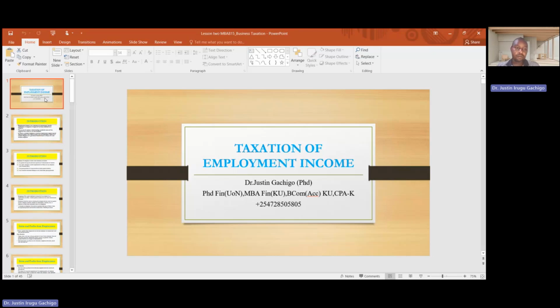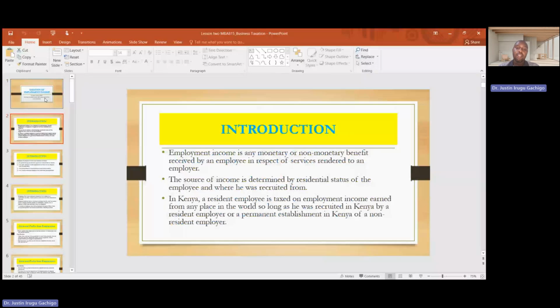By the end of this particular class, I would expect all of us to be able to define the term employment income, to understand the process of employment income, to understand how to compute the taxation of an employee, and even other things, filing, and whose obligation is to file, and that an employee has an obligation toward the filing.